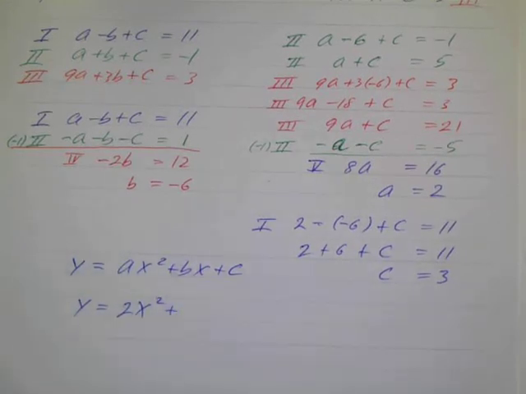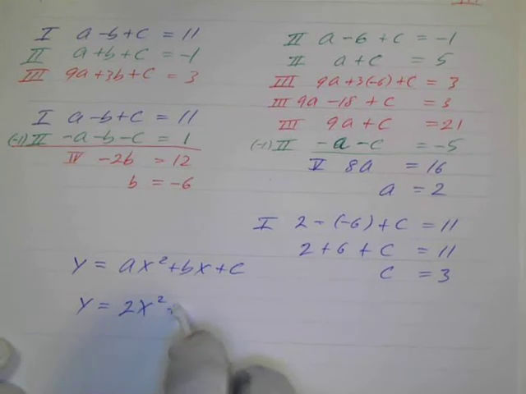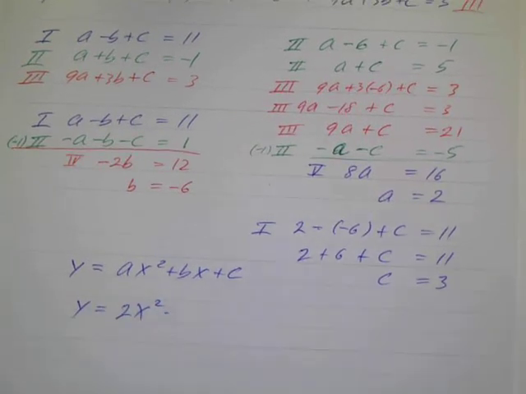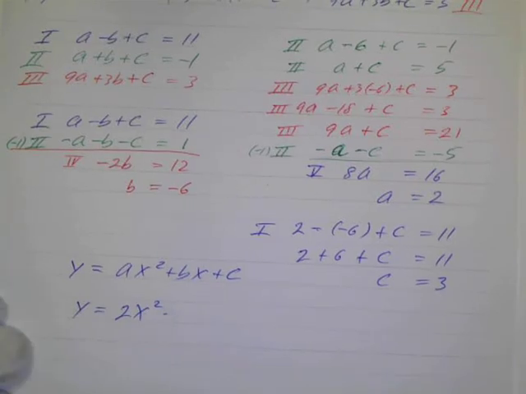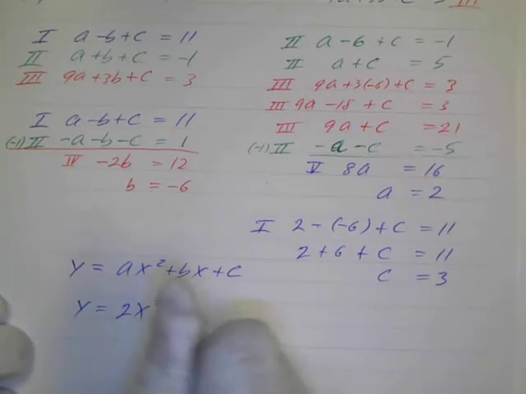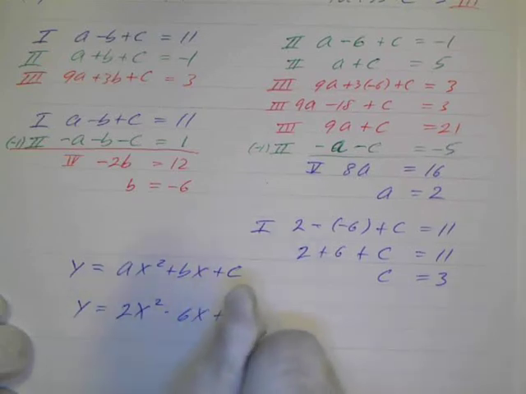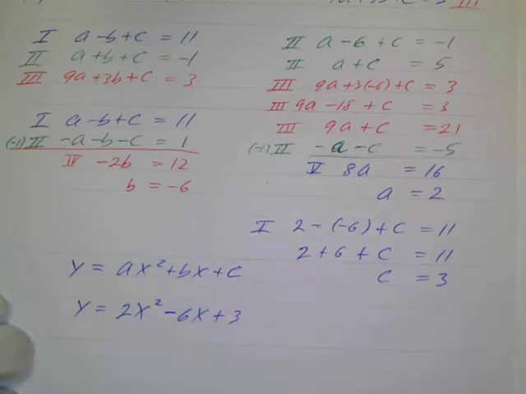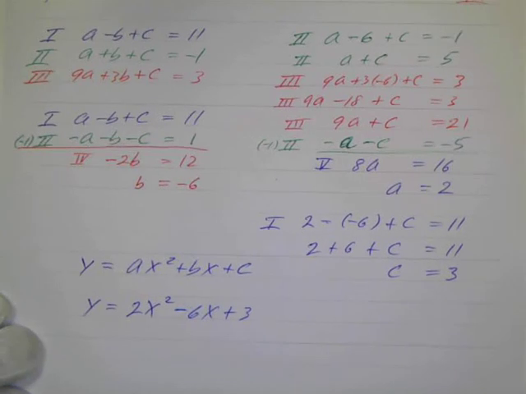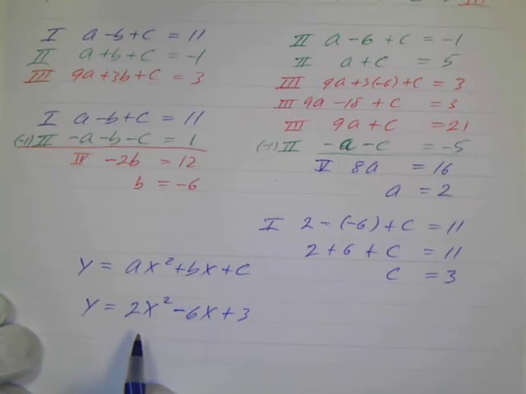Sorry about that. So negative 6x. Just change that real quick here. And c is 3, plus 3. So there's your equation. 2x squared minus 6x plus 3.